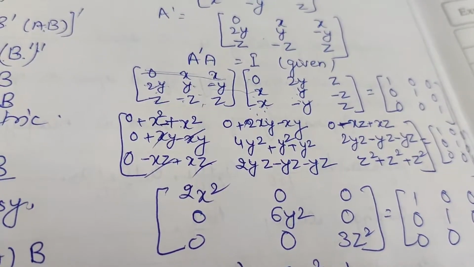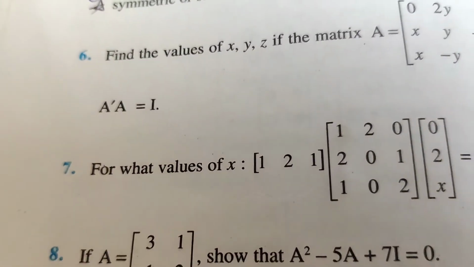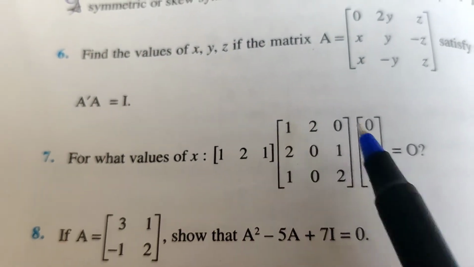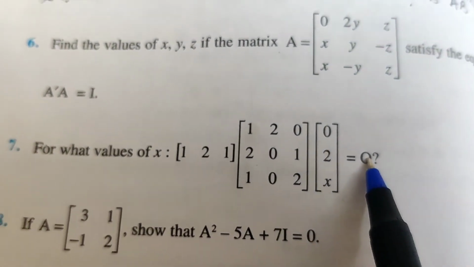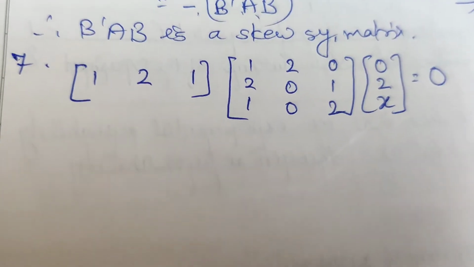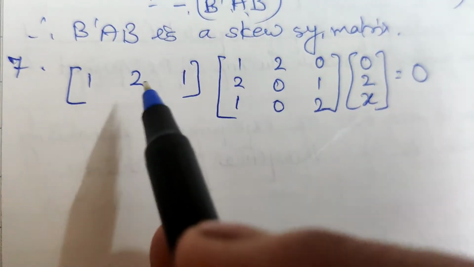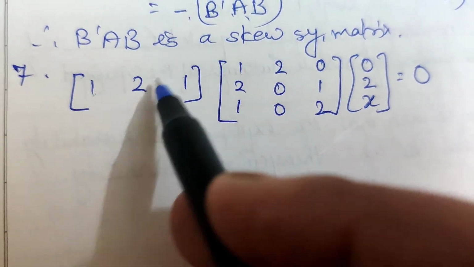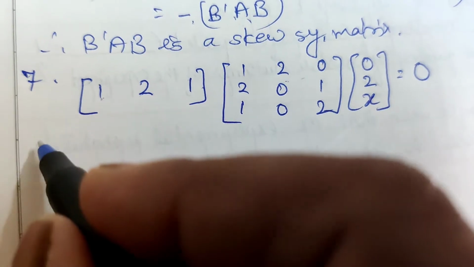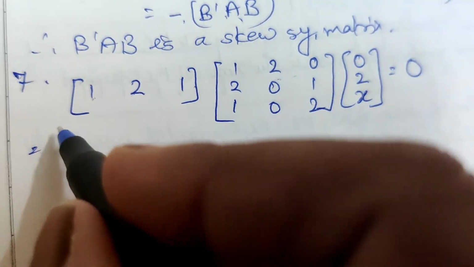Next, question number 7. For what values of x, 1 2 1, 1 2 1, 2 0 0 and so on equal to 0? This is the question. Now first we have to multiply 1 2 1 matrix to this matrix. So this will be the first row, first column.